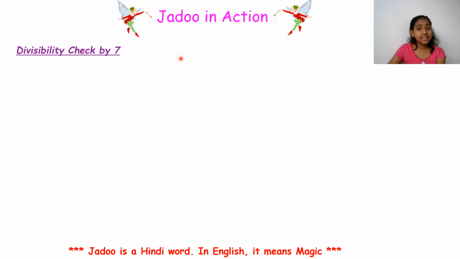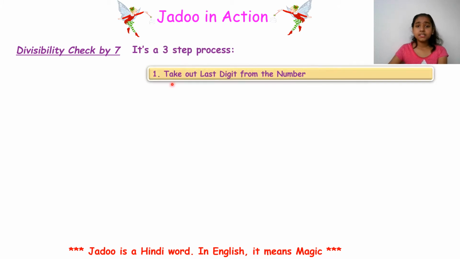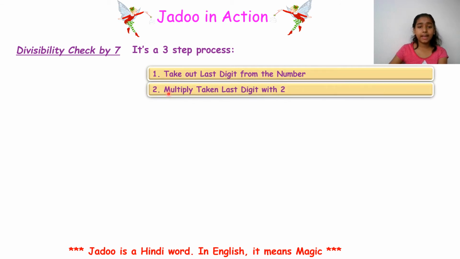Divisibility check by 7 means we are going to learn if a given number is divisible by 7 or not. It's a 3-step process. First, take out the last digit from the number. Second, multiply that last digit by 2.